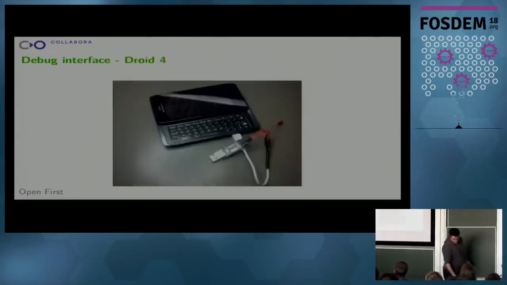For the Droid 4, it's much simpler because it has the serial pins pin-muxed to the USB connector. So you can just use a normal USB cable, cut it, connect it to a standard USB serial adapter, and then you have serial. The only important thing is that you don't attach the 5-volt pin, because then it will mux back to USB mode.